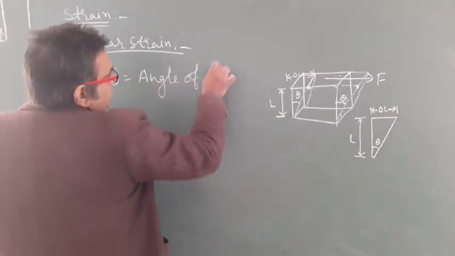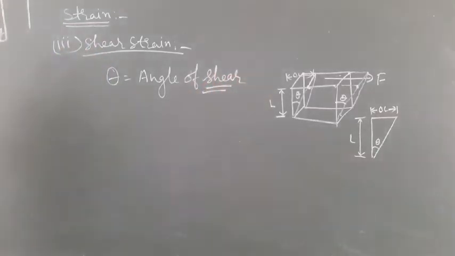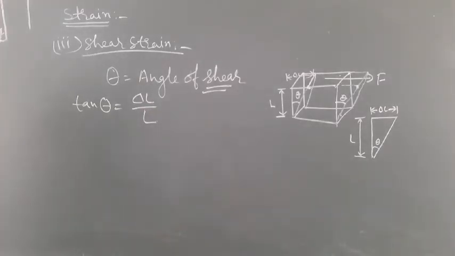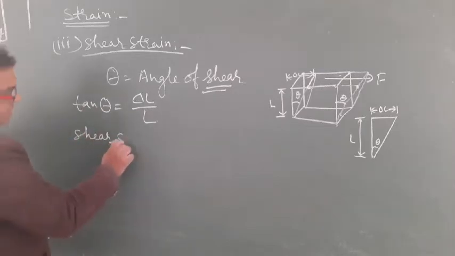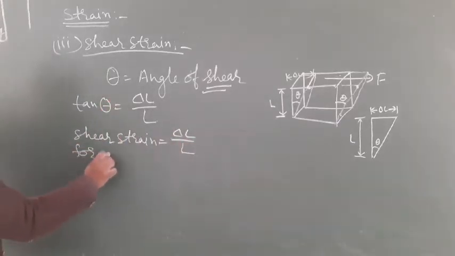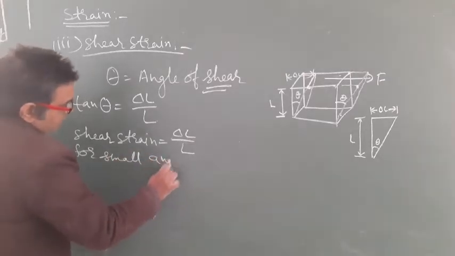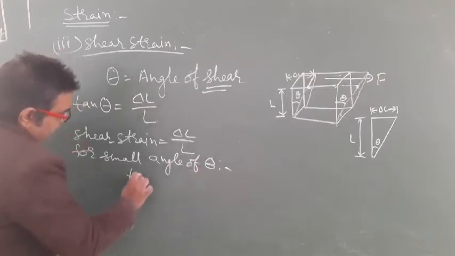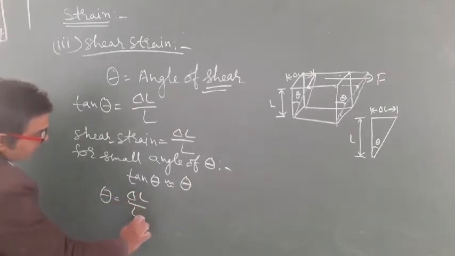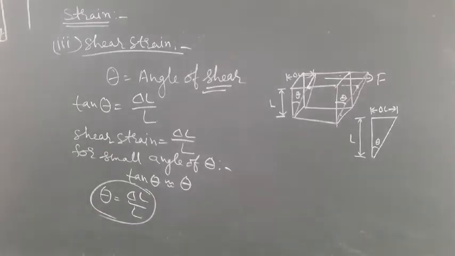Tan theta can be written as delta L upon L. Tan theta is called shear strain, and it is equal to delta L upon L. For a small angle theta, tan theta is approximately equal to theta, so theta can be written as delta L upon L, and this theta is called shear strain.